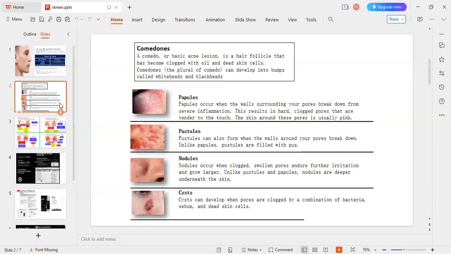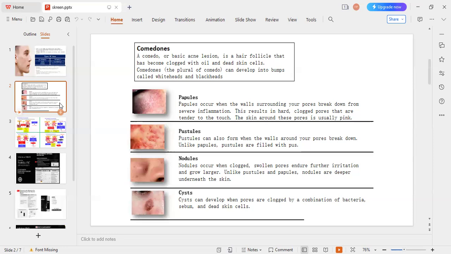Then we have pustules. Pustules occur when the walls around the pores break down and they're filled with pus. When you observe some people's faces, the acne is filled with so much pus. They're pustules, coming under inflammatory acne. Then we have another category called nodules. Nodules occur when the clogged, oil-filled pores with dead skin undergo further irritation and grow larger and larger in size.